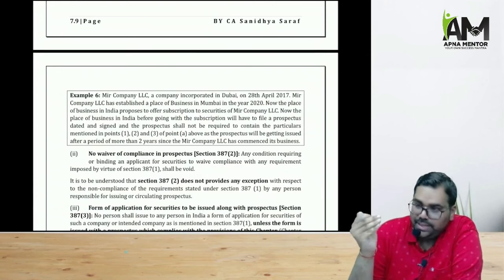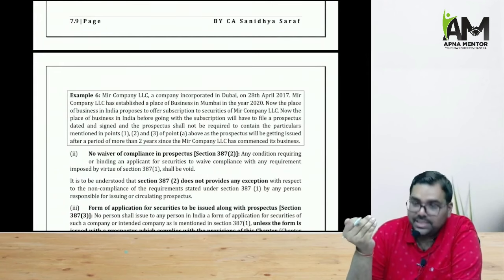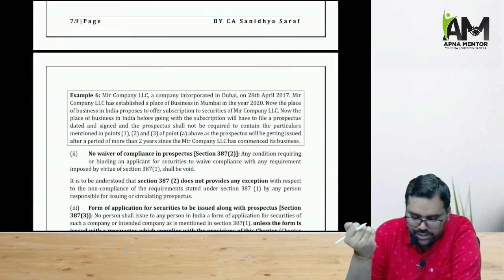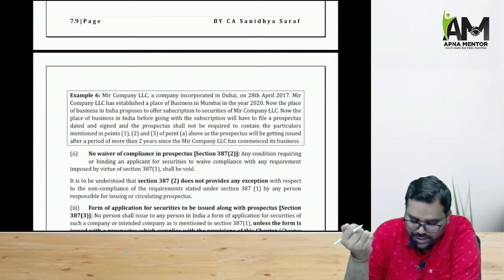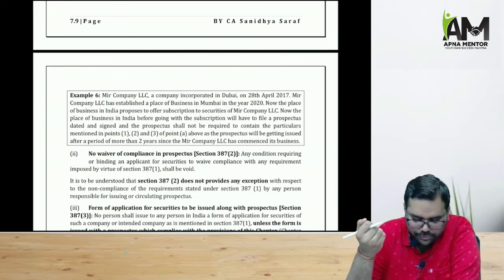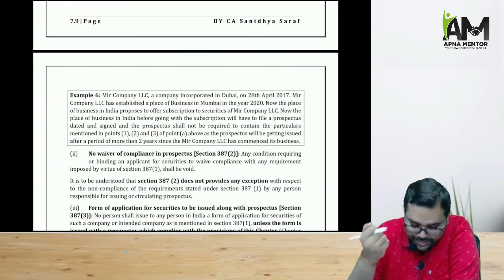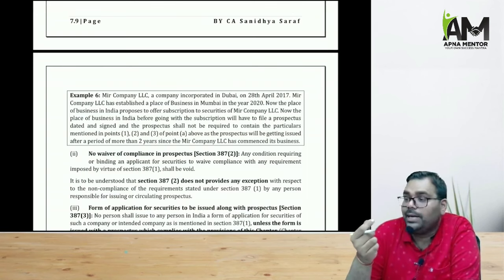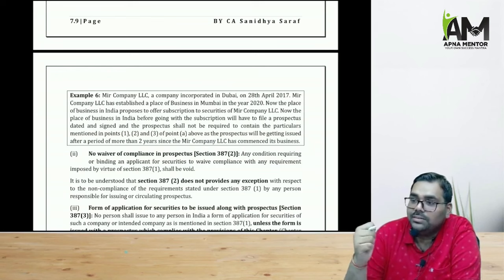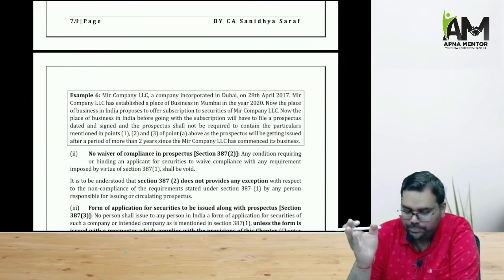Mir Company LLC has established a place of business in India in Mumbai for the year 2020. Now the place of business in India proposes to offer subscription to securities of Mir Company LLC. Before going on with the subscription, it will have to file a prospectus dated and signed. Will the prospectus be required to give the particulars given in points 1 to 3? No, because it's a 2 years old company.